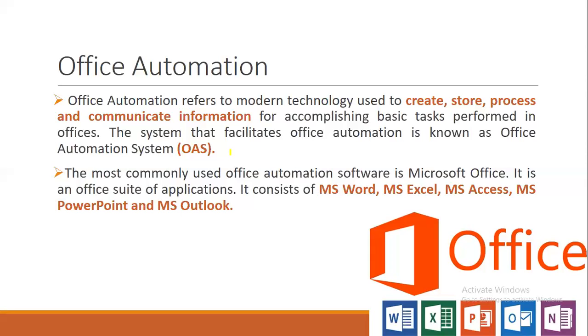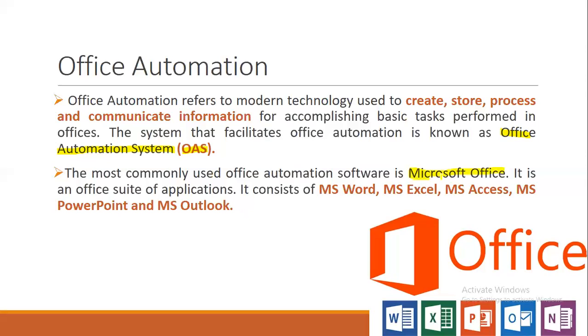So the softwares or the systems which are used to automate an office are known as office automation systems, or in short, we call it as OAS. There are many softwares available in the market to help out our routine task in an office, but most commonly used office automation software is Microsoft Office.